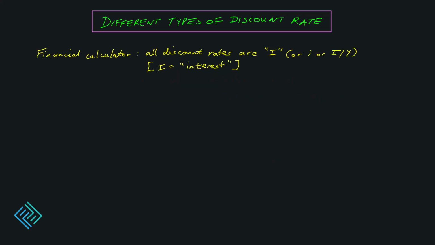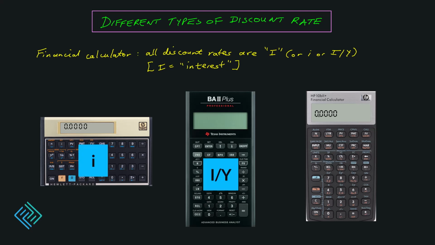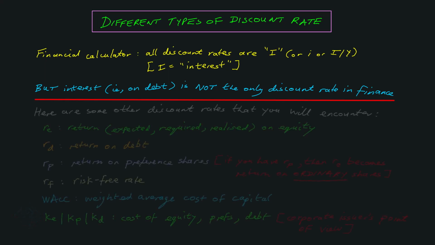Most financial calculators use the letter I to label the key that you need to use to input the TVM discount rate. But interest applies only in limited situations, and it is not the only discount rate in finance. There are numerous others.